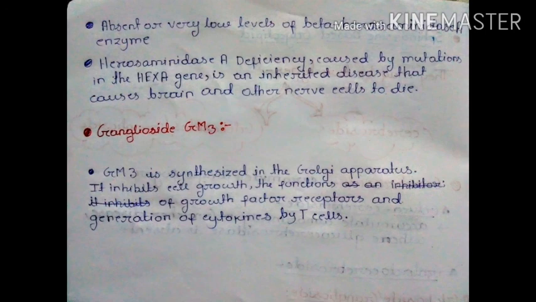There are several ways to use GM3 in cancer treatment. So this is the total sphingosine based glycolipid. What is the function of sphingosine based glycolipid? What are the types of sphingosine based glycolipid? The sphingosine based glycolipids are important, as are the glycerol based glycolipids, also a very important topic.